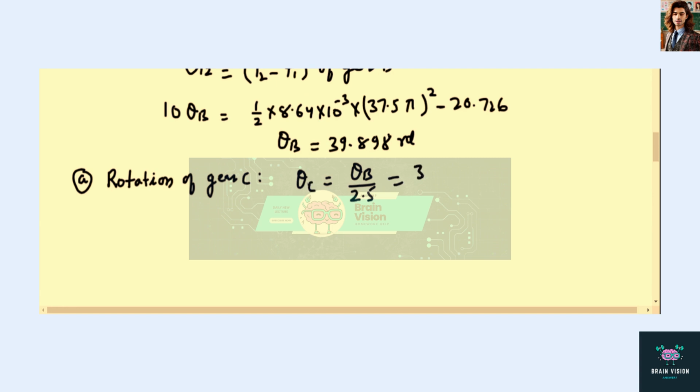So the angular rotation of gear C will be 15.959 radian. So one of the answers you will get is 15.959 radian divided by 2 pi, so it will be 2.54 revolutions.